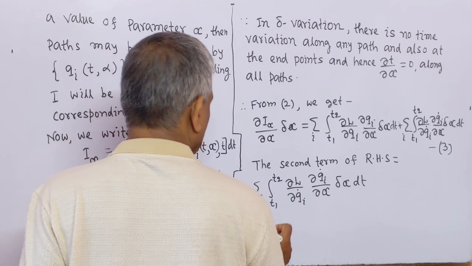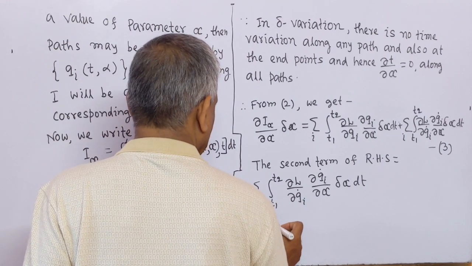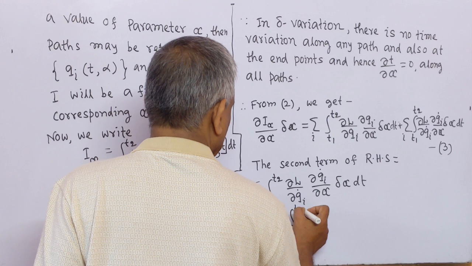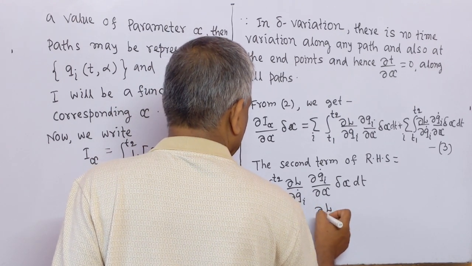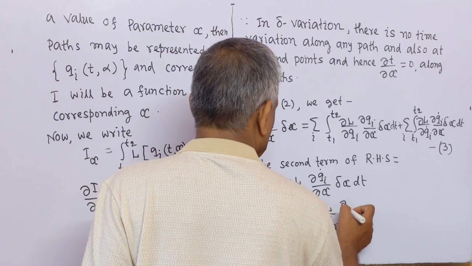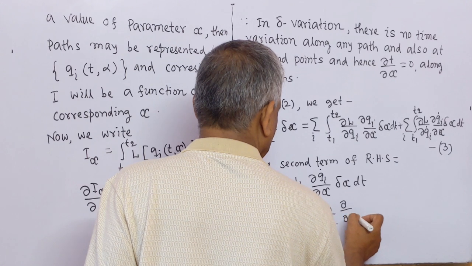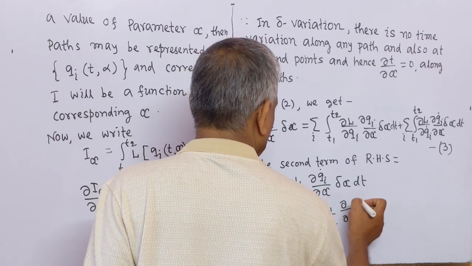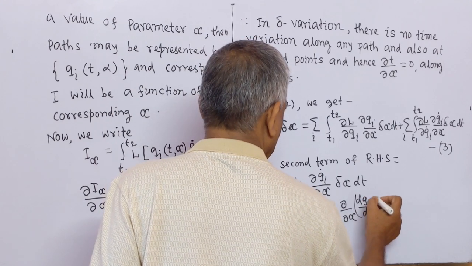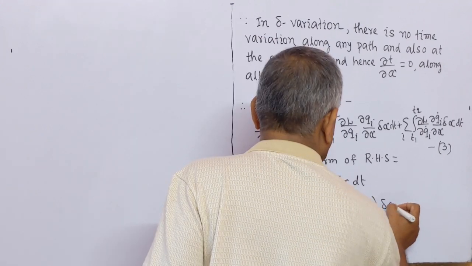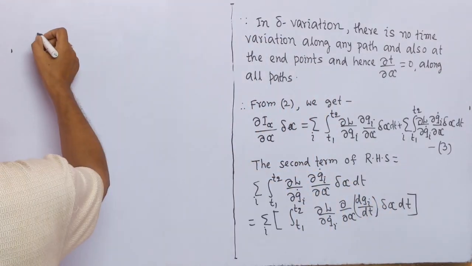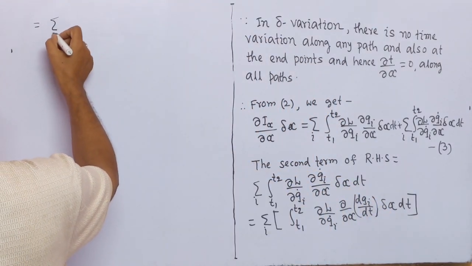We may write qi dot as dqi by dt, so this equals sigma i integral from t1 to t2 of partial derivative of L with respect to qi dot times the partial derivative with respect to alpha of dqi by dt, delta alpha, dt.